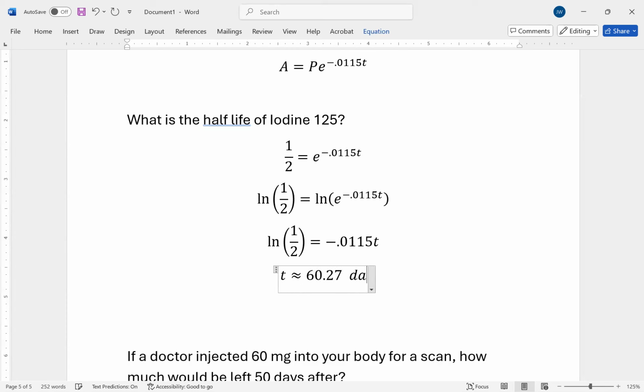That's in days. Remember, T was in days because our percentage rate of decline was also in days. So 60.27 days.